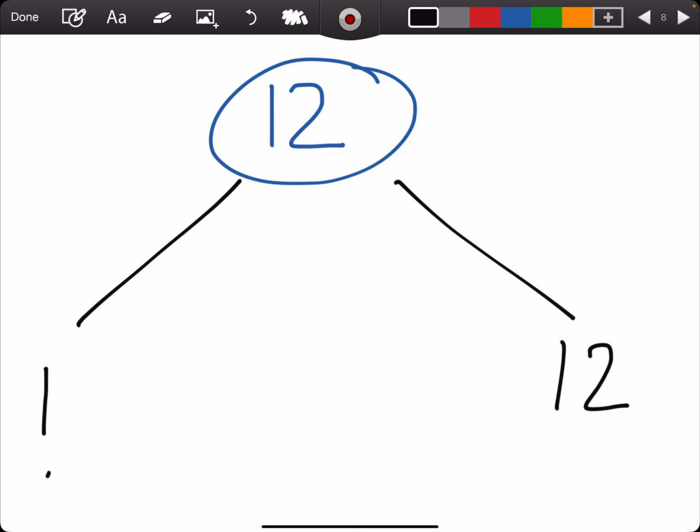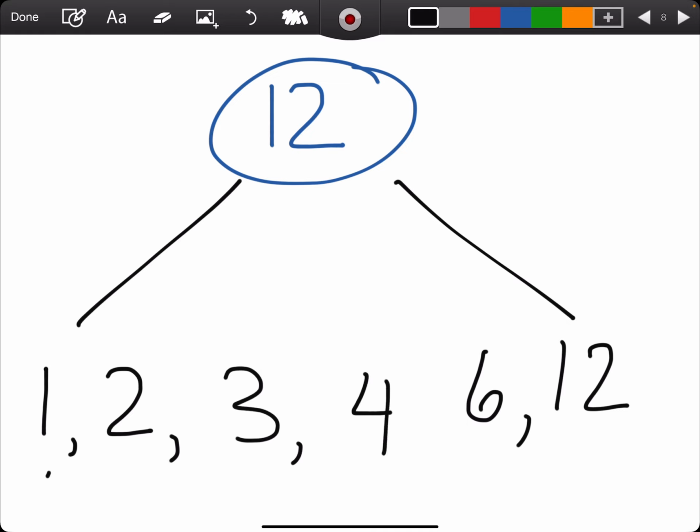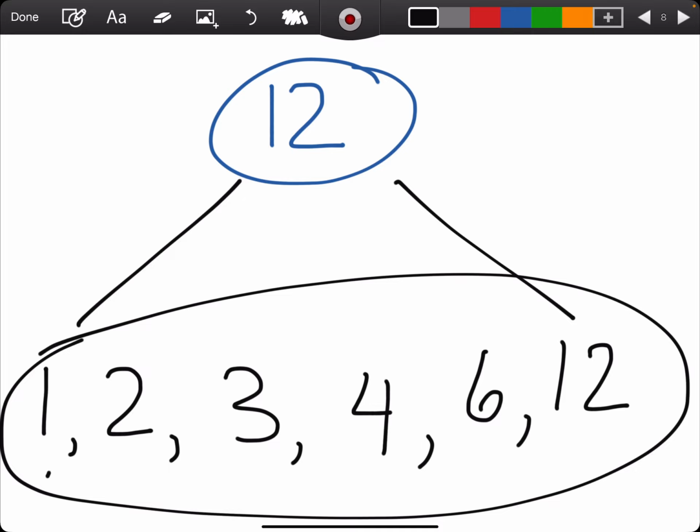Then I'm going to try 2. 2 times 6 gives me 12. Those are my factors so far. Let me try 3. 3 times what will give me 12? 3 times 4 gives me 12. I'll try 5. Nope, you can't multiply 5 times anything to get 12. And then you're at 6. So these would be my factors: 1, 2, 3, 4, 6, 12.